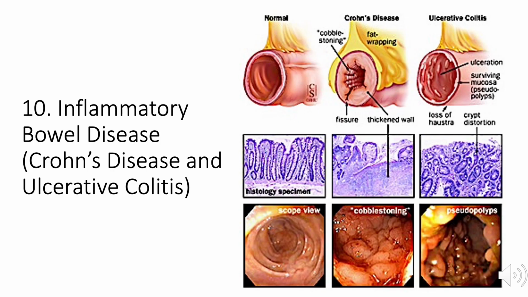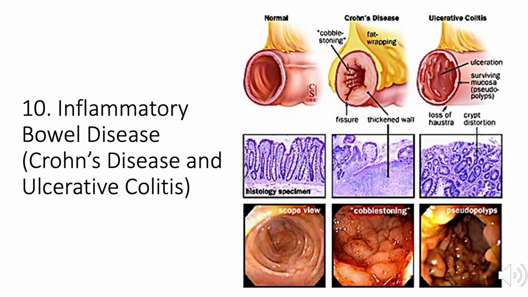Inflammatory bowel disease is a term for two conditions, Crohn's disease and ulcerative colitis, that are characterized by chronic inflammation of the gastrointestinal tract, manifested by diarrhea, often bloody, with crampy lower abdominal pain.